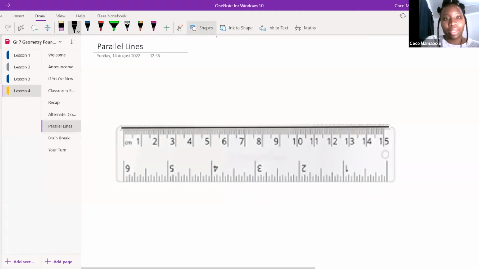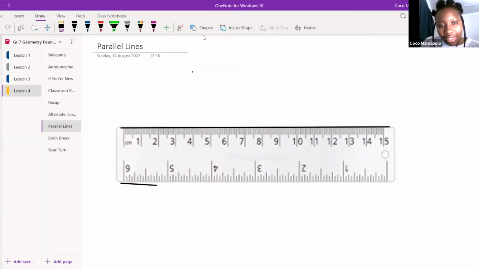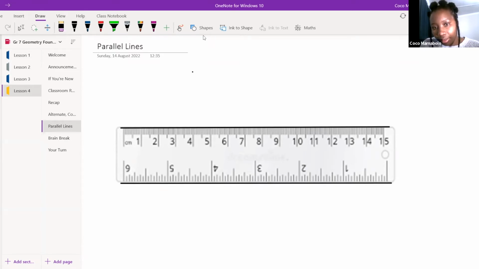And then, do not move your ruler. Keep it in the same spot and draw a line on the other side of your ruler, just like that.